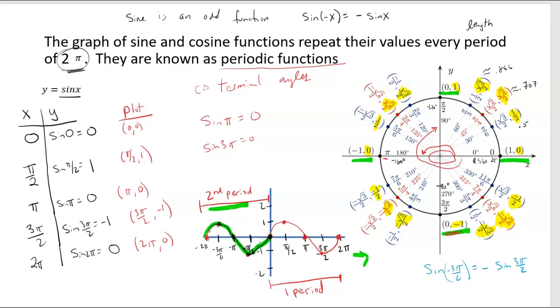So let's take sine of 3 pi over 2. So sine of 3 pi over 2, it's right here, is negative 1. So negative and negative turn positive. Okay, so far that makes sense. So I'm going to erase this part right here. So negative 3 pi over 2 means that I went around my circle clockwise, and I ended up at this point right here, right?